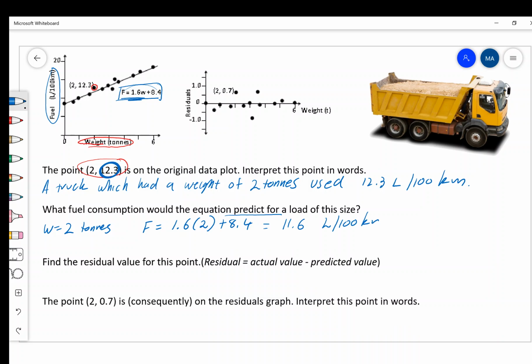It's interesting to note that the equation is predicting that that's how much fuel would be used, but what actually happened was that the truck that carried that much weight used 12.3 litres, so a bit more than what would be predicted.